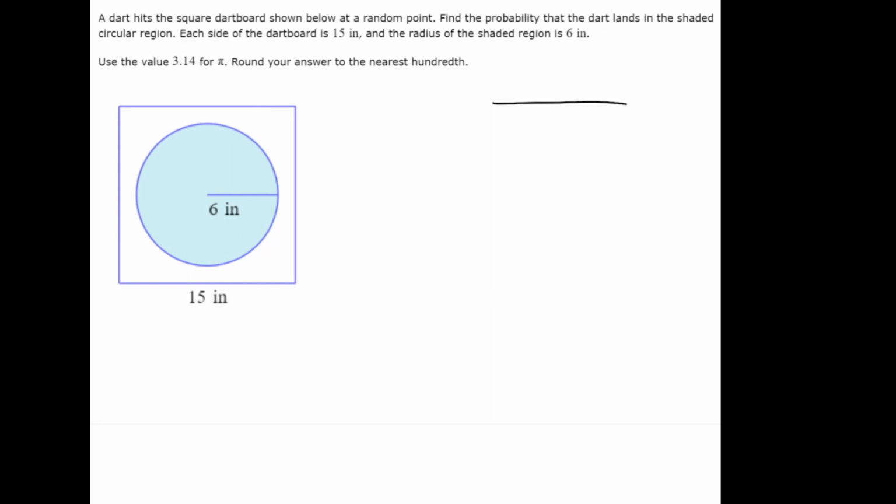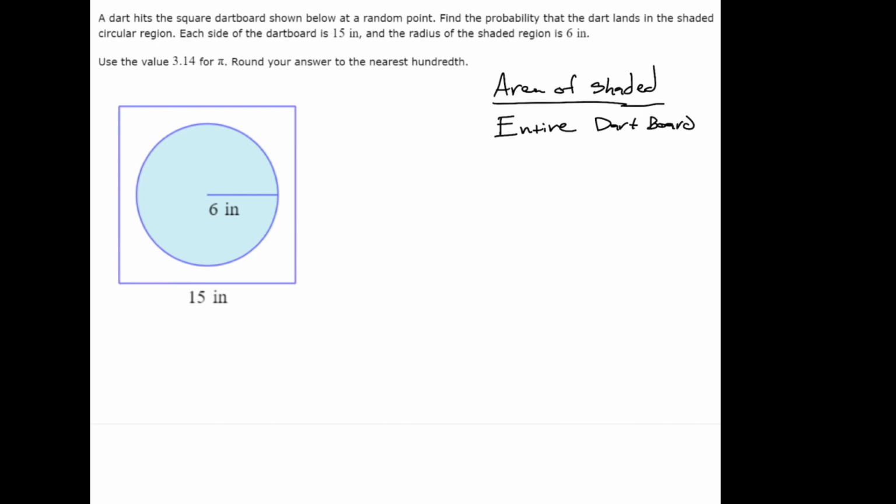So win would be shaded region and possible would be the entire dartboard. And that's how we're going to set up our problem again.